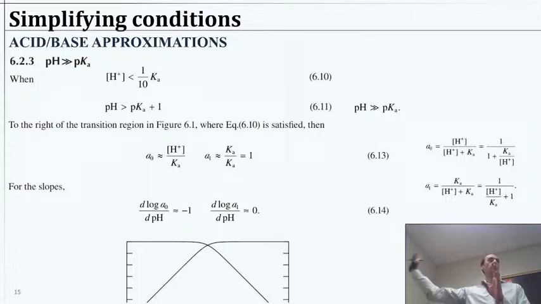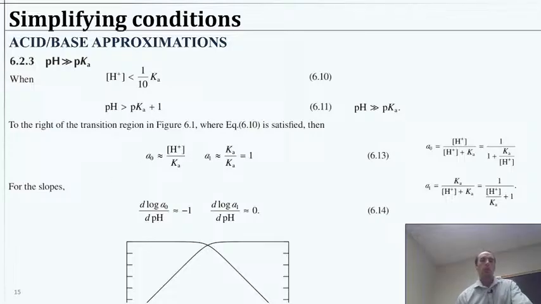So we're much further to the right on the pH graph. That means we're in a much more basic condition. That means H plus is a lot smaller than Ka, or pH is a lot larger than pKa, and by a lot larger, we're saying at least 1 log difference.